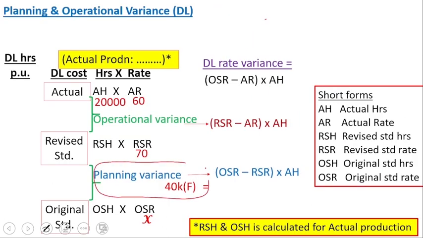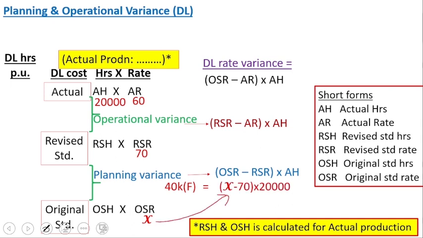Focus on the planning variance. 40,000 favorable. And what is the formula? Original standard rate minus revised standard rate multiplied by actual hours. So original standard rate we have taken as X, revised standard rate we know it's 70, and actual hours we know it is 20,000. So we get an equation here, 40,000 favorable.